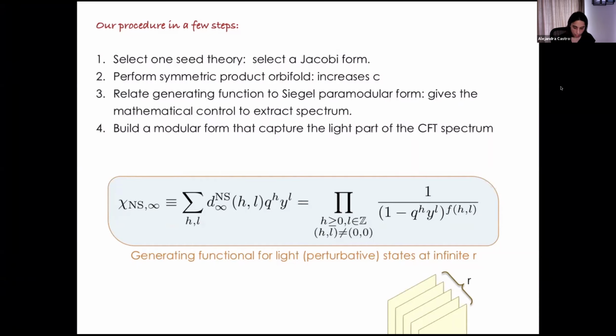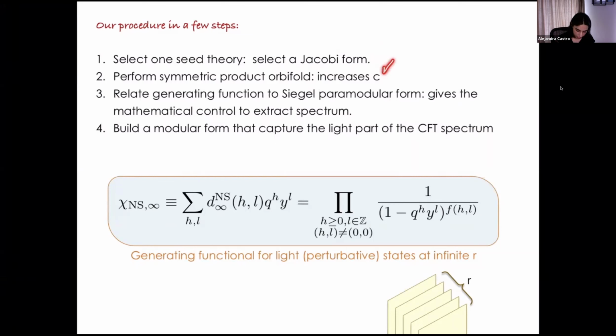So the procedure, I'm not going to describe the whole mathematics. If you are interested afterwards, I can point to the papers and where things are done. But in 4 steps, this is roughly what happens, and this is why we had to write several papers. Step 1, you select a Jacobi form, so 1 seed.